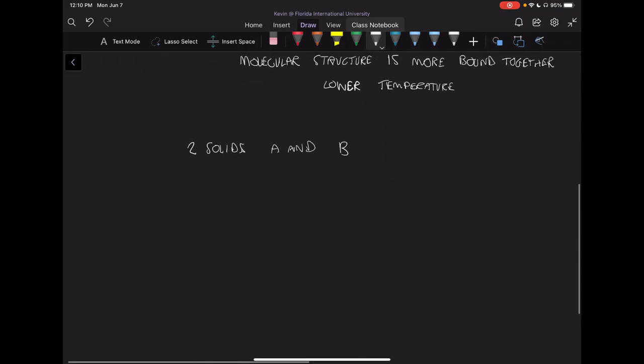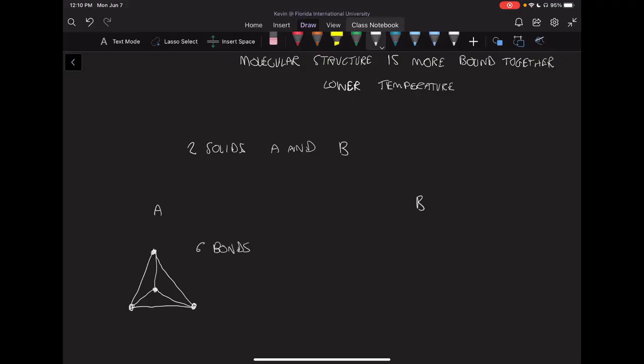Solid A is on the left and solid B on the right. Solid A has a molecular structure with 3 bonds in this direction and 3 bonds in this direction, so different molecules put together with some bonds, and there are 6 bonds total.